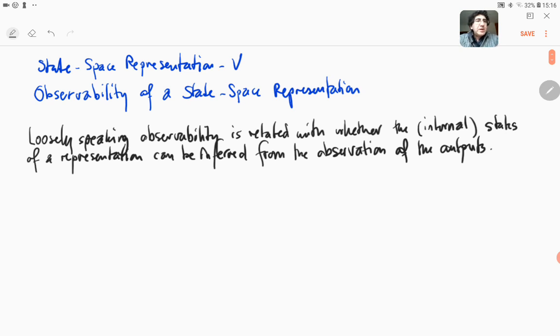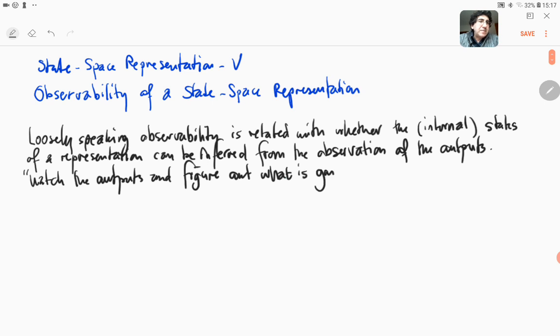So it's like saying watch the outputs and figure out what's going on inside the system.